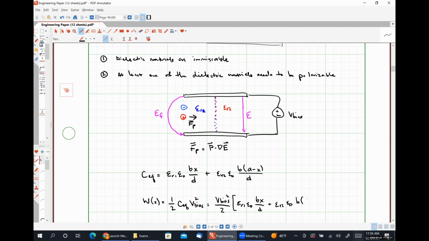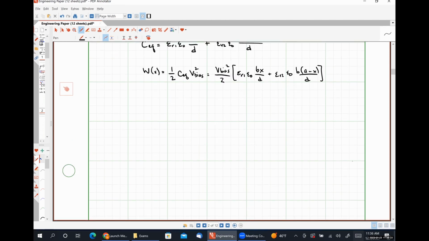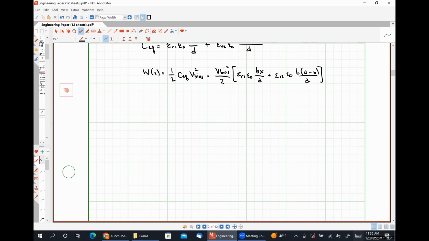And from here, our force in the X direction is the derivative of our stored energy, which comes out to be V bias squared over 2.